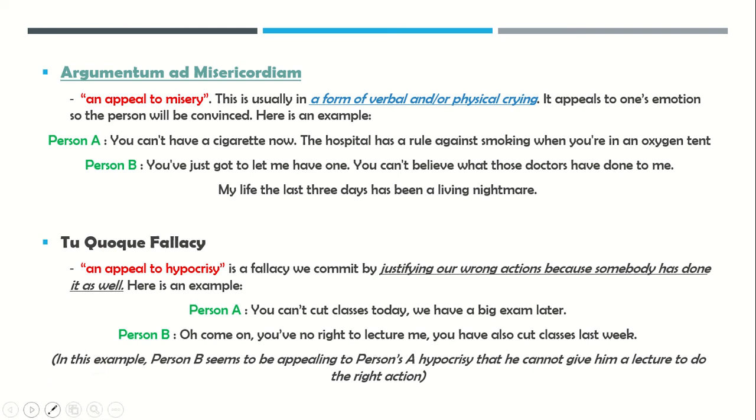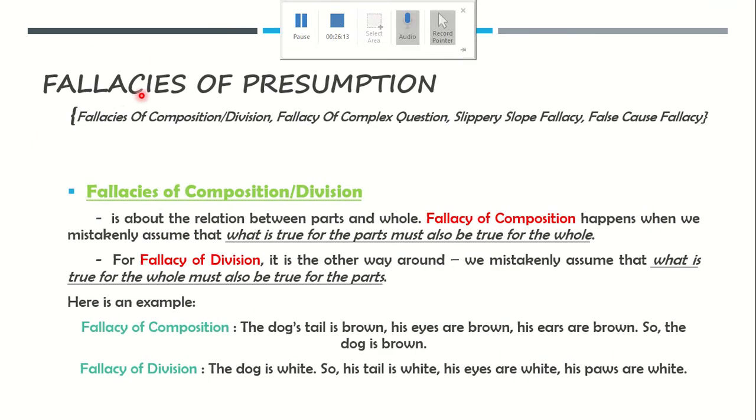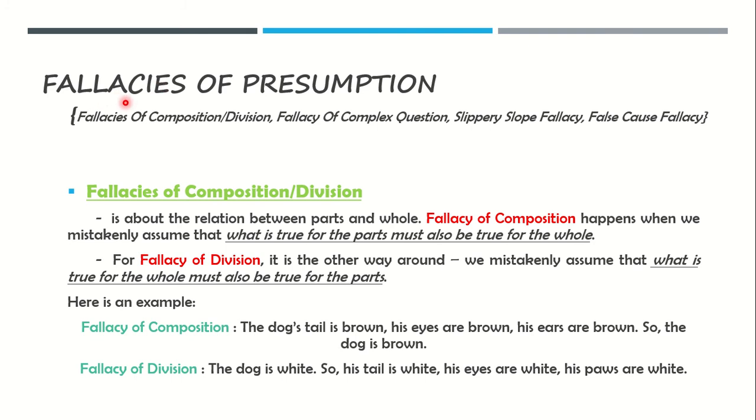Okay, next slide. The next examples that we're going to talk about are the fallacies of presumption. We have here 4 examples for the fallacies of presumption. The first one is the fallacies of composition and fallacies of division. Second, fallacies of complex question.